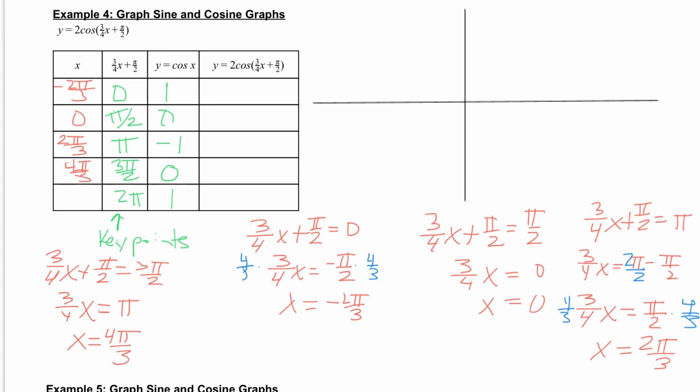And then finally, if we can find some room over here, I'm going to take that 3/4 x plus pi over 2 and set it equal to 2 pi. So if I take 2 pi and I subtract pi over 2, just like before, I'm going to need common denominators. So getting those common denominators, real quick, I can show you 2 pi minus pi over 2. We would want to change this 2 pi, we'd have to multiply at the top and the bottom by 2.